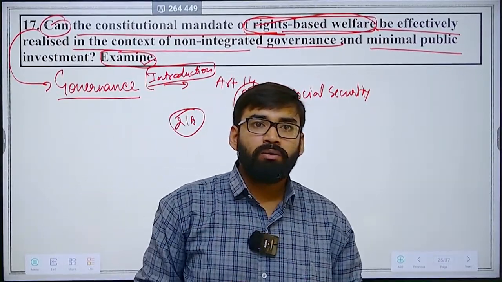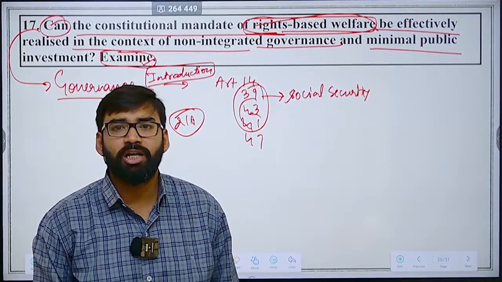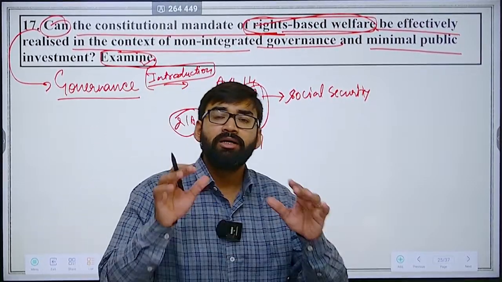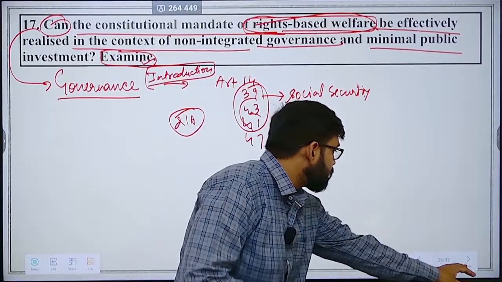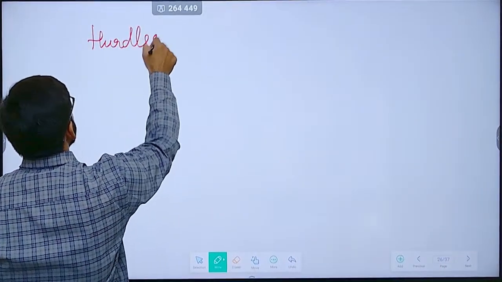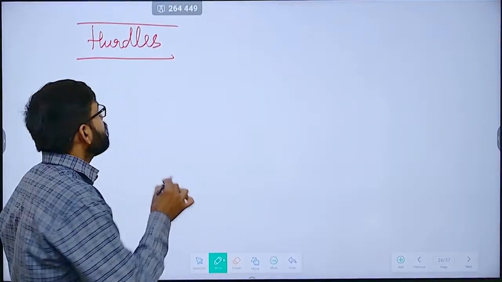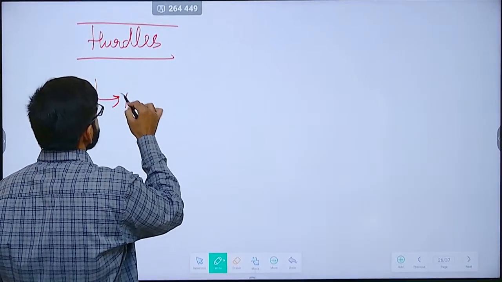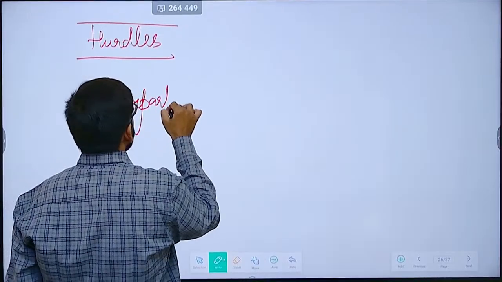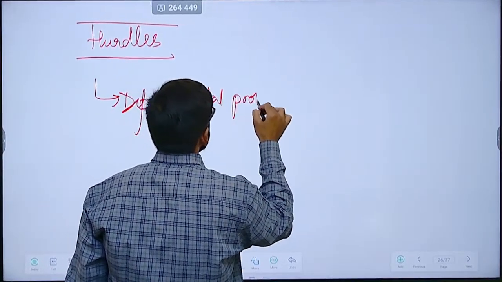Clear? Now what are the hurdles with respect to right-based welfare under fragmented governance? So what are the hurdles under this? Clear? First thing is departmental problems.